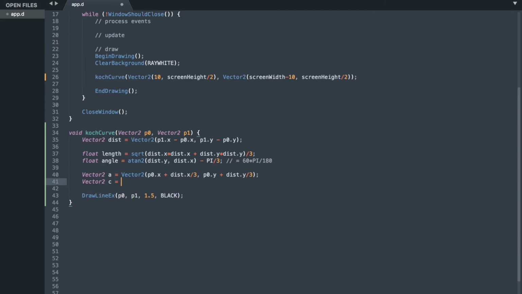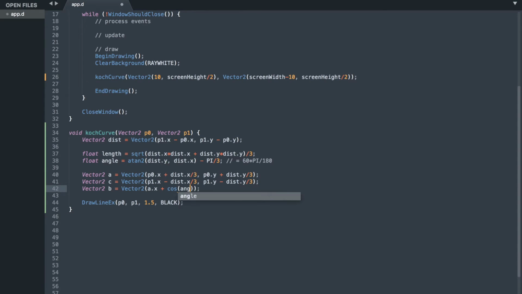Point C equals P1x minus distance x divided by 3, P1y minus distance y divided by 3. And finally, point B equals Ax plus the cosine of the angle multiplied by the segment length, and Ay plus the sine of the angle multiplied by the segment length.